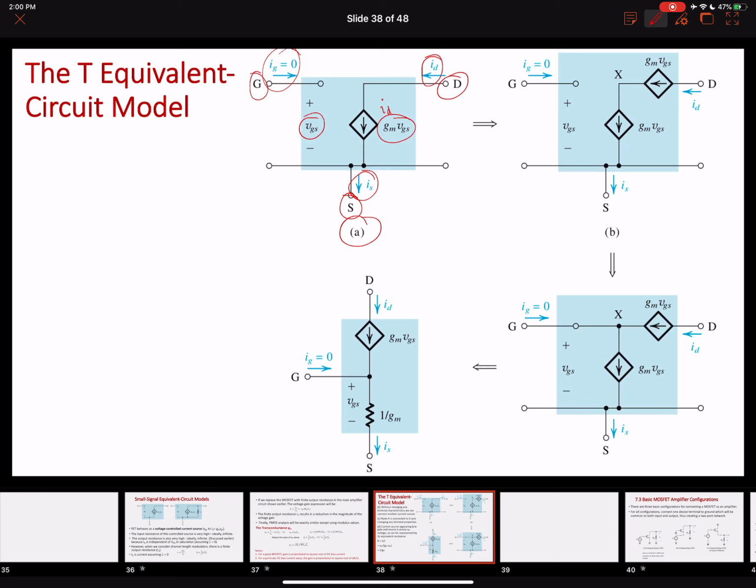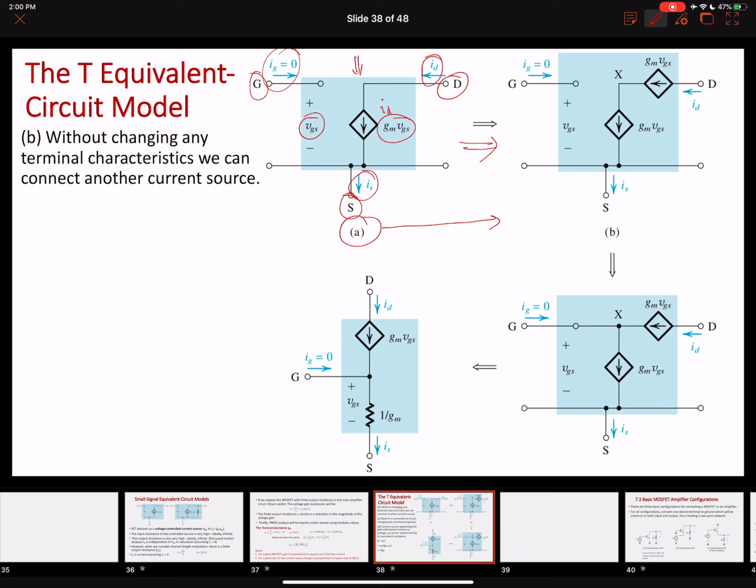Right. So the very first thing that we do as we move from A to B, if I want to keep the terminal characteristics the same, there are some modifications that I can do to this equivalent circuit represented in A. The first thing that I can do is add another current source here.